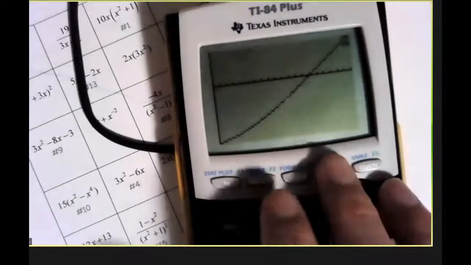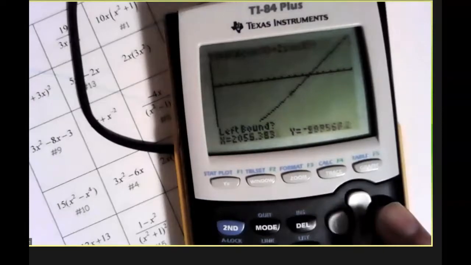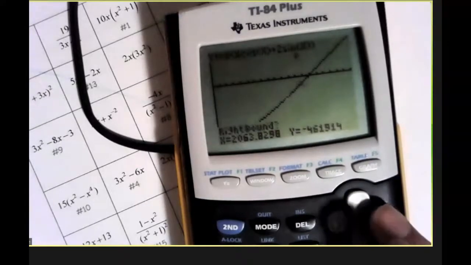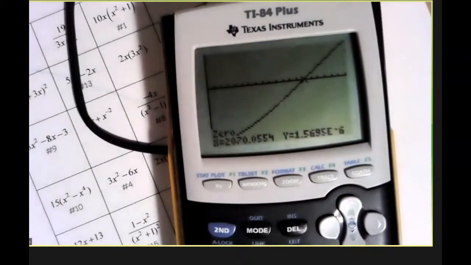So we're going to go second trace, 0. And we're going to move our little cursor to below and above, and then a guess, which I literally just hit wherever I leave my above. And we see that the x value is 2.070.